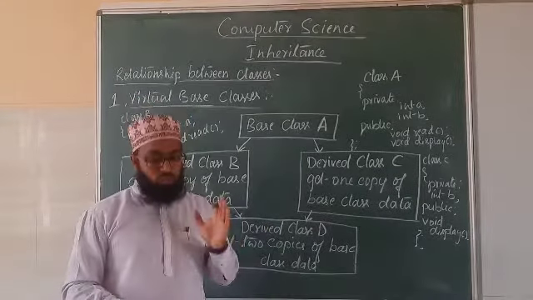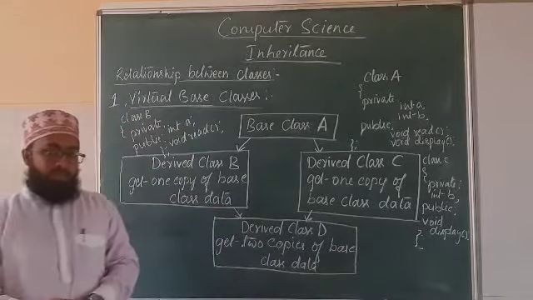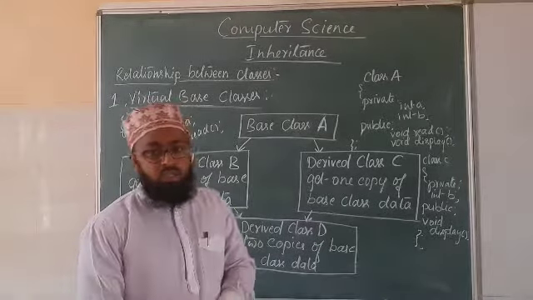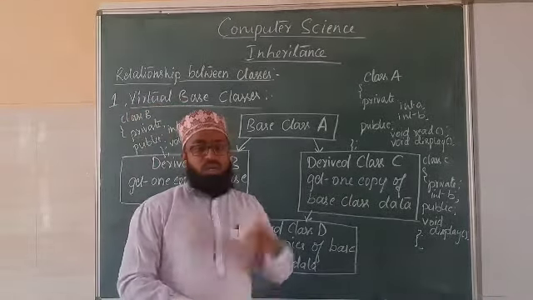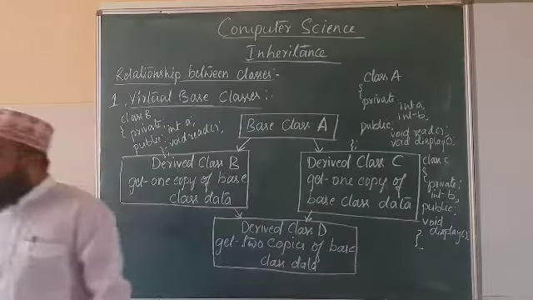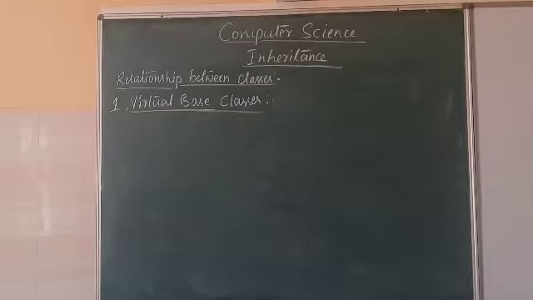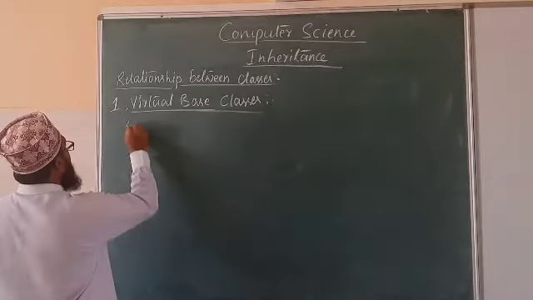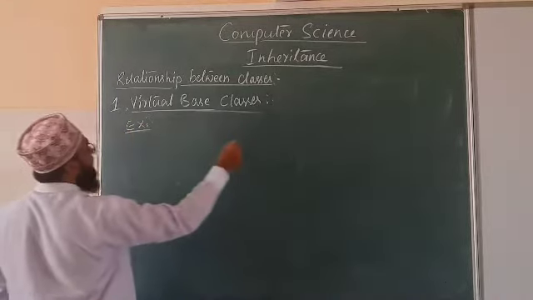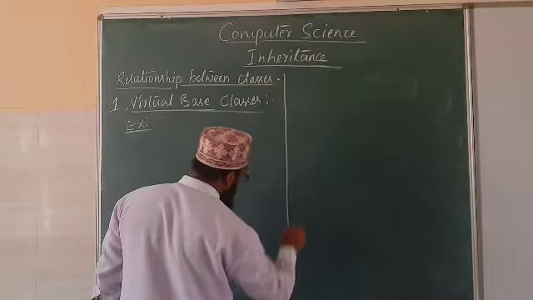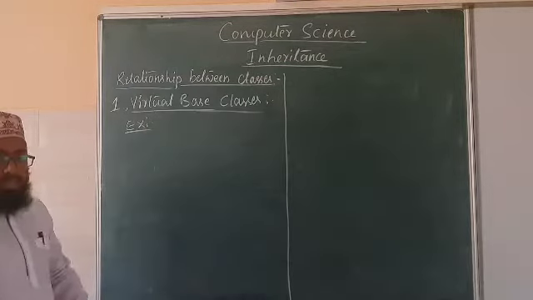Now I am going to give you an example. By this example, you will come to know how a virtual base class can be created. Now write down the example. Make it 2 parts. Then start.